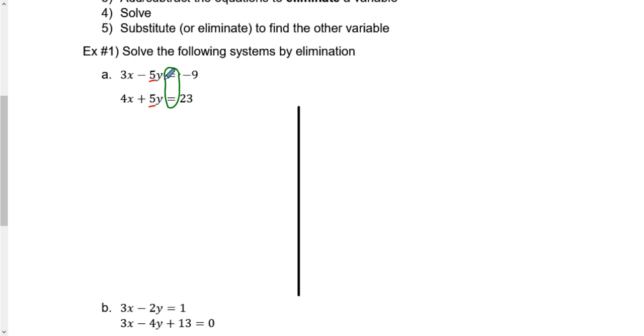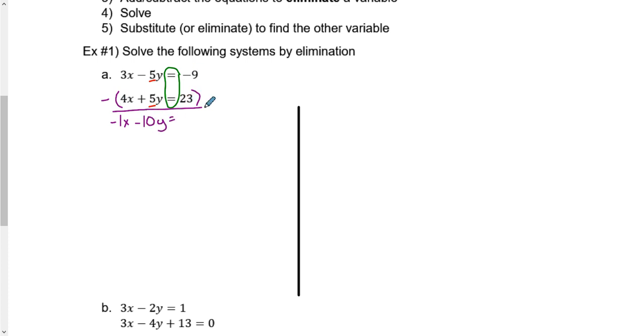If we were to subtract these, so if we were to take this entire equation here and subtract this equation, well, 3x subtracting 4x, that's a negative 1x. Keeping in mind, you don't necessarily need to write the 1, but it's still good to understand that there is a 1. Negative 5y subtracting 5y is not 0, it's negative 10y.